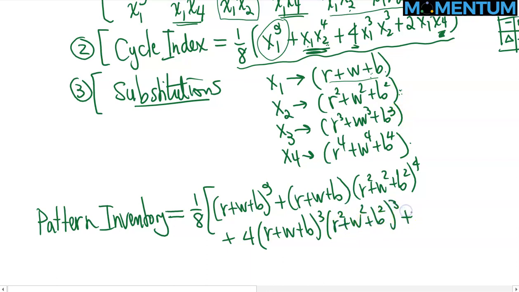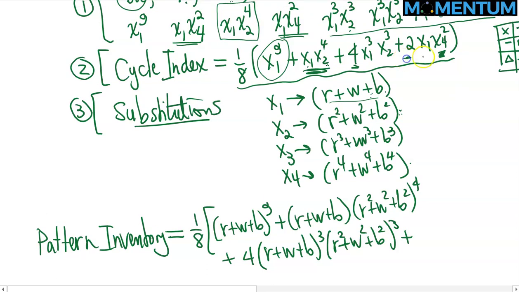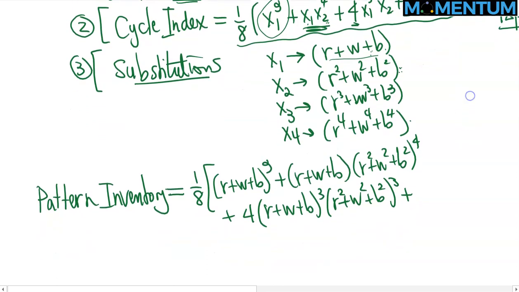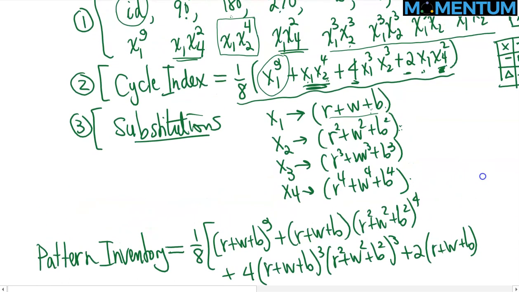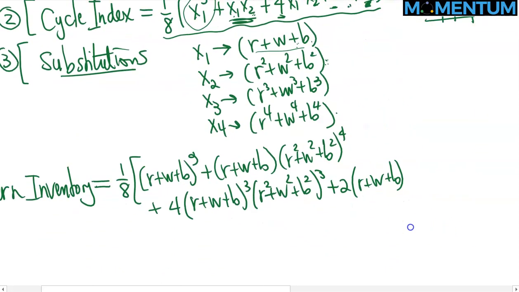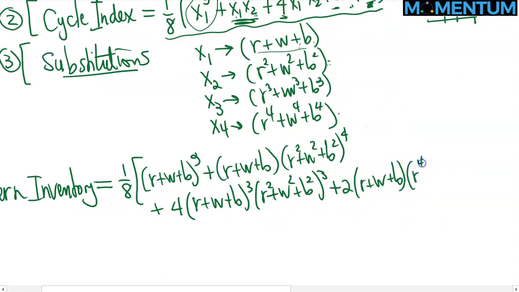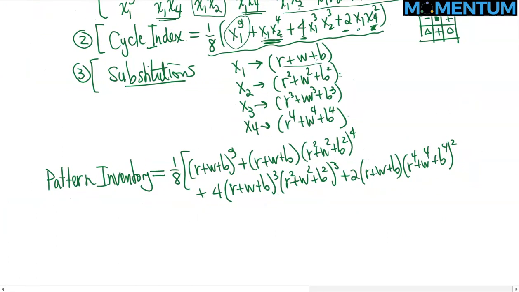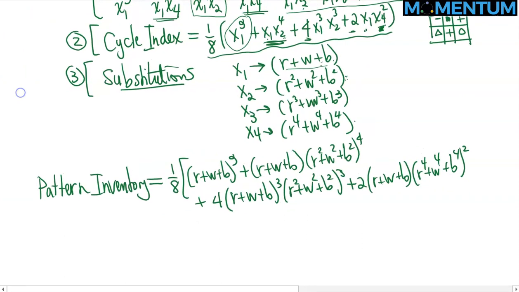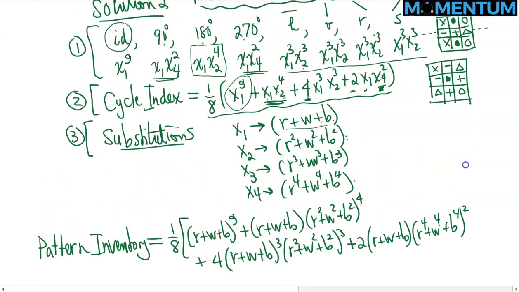And lastly, we have 2x1 and then x4 squared. 2 times x1 was R plus W plus B, and then x4 squared. x4 squared is R to the 4 plus W to the 4 plus B to the 4, squared. That's it. So that's the pattern inventory now. This is the algorithm.